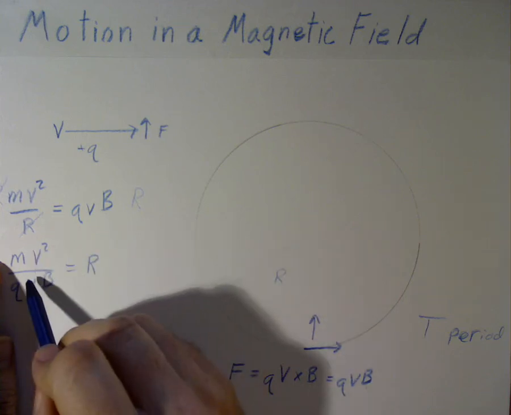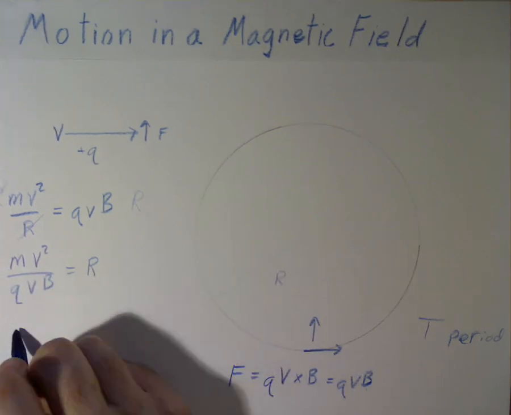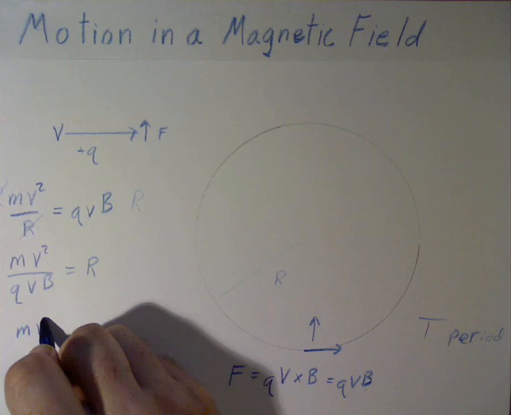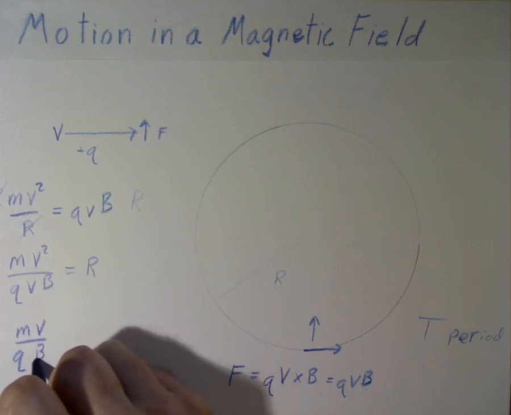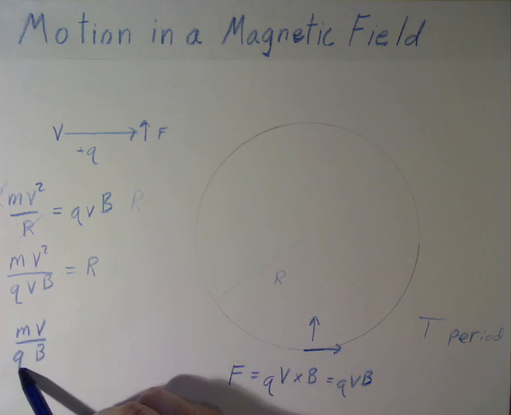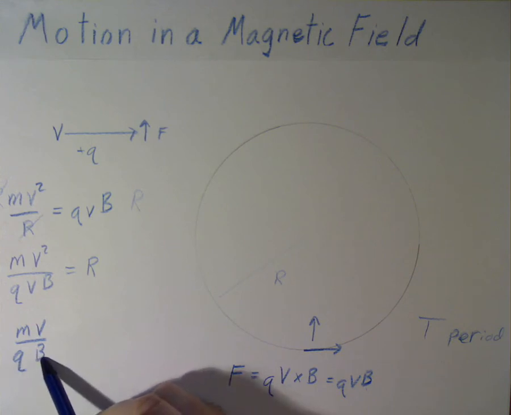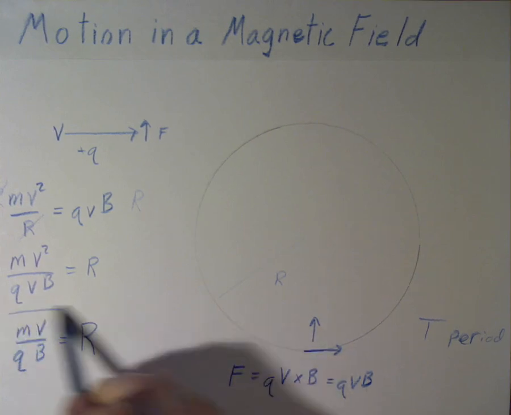Cancel out the v in top and bottom. We get m v over q B. Just to clarify, m is the mass, v is the velocity, q is the charge, electric charge, B is the magnetic field. This gives us the radius.